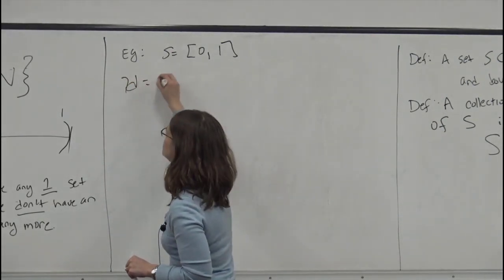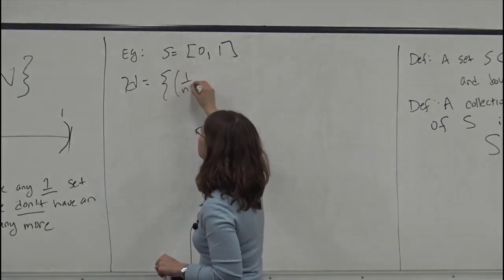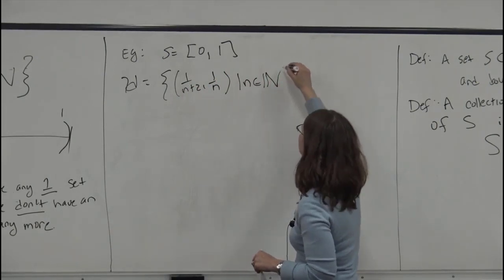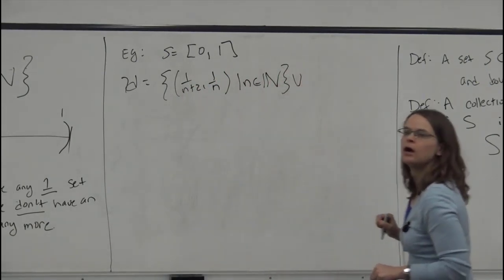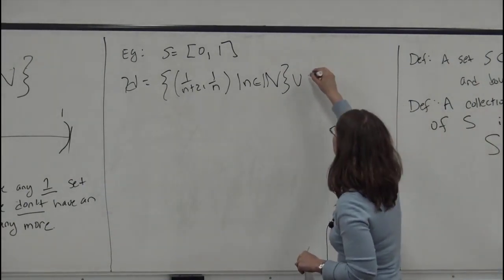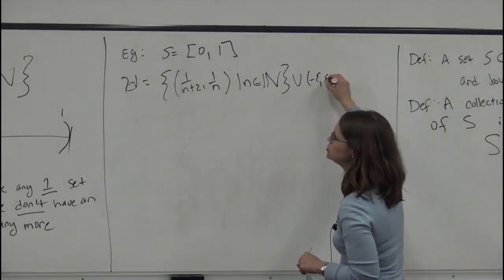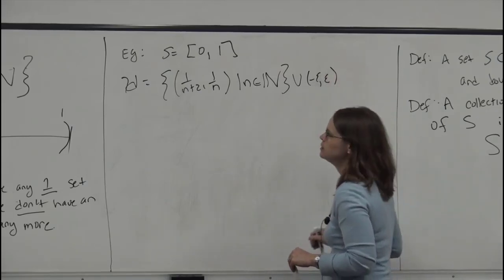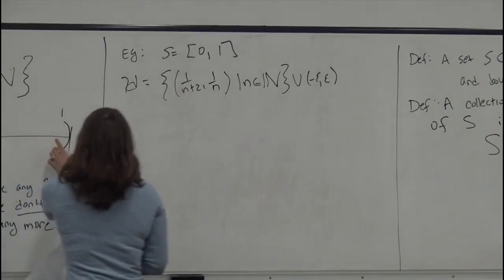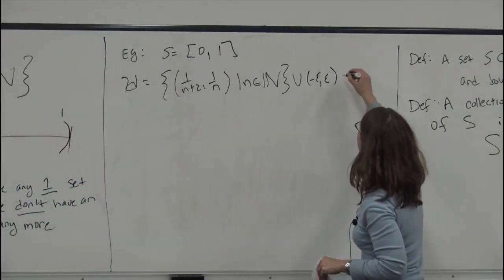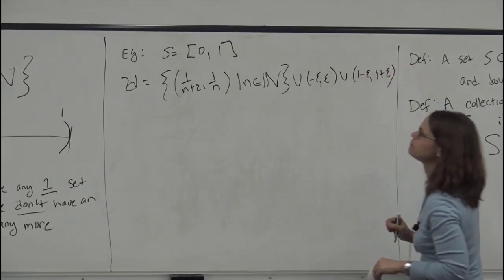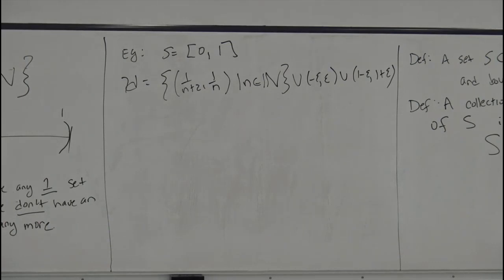So let's let H be, we'll start with this, my pathological open cover where things get smaller and smaller. But now I need to also include the endpoints. So I'll pick an epsilon and go from minus epsilon to plus epsilon. So some little tiny open set that covers this, and then I need some little open set that covers this. So I guess 1 minus epsilon to 1 plus epsilon. And now I'm in business. I have an open cover again.